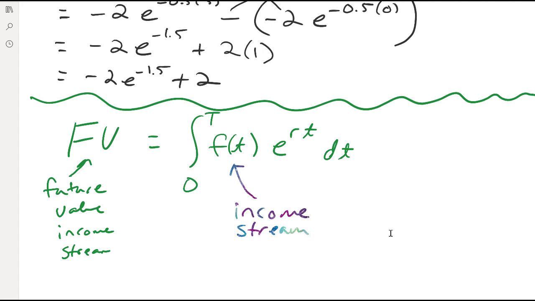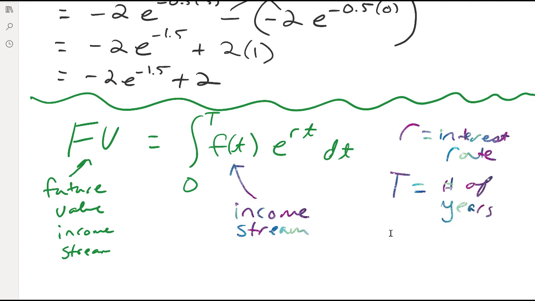It's just going to be a constant. r is your interest rate because we're taking this income stream and investing it. And capital T is the number of years in which you'll be performing this investment. Okay, so those are all the pieces to this future value income stream question.